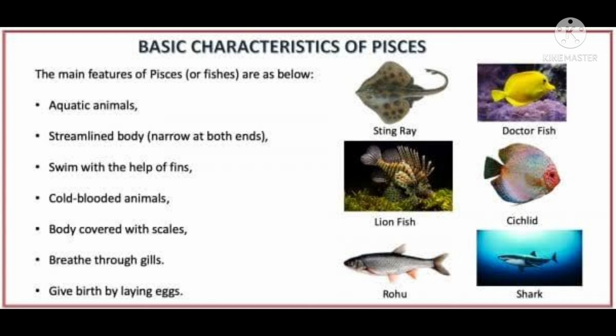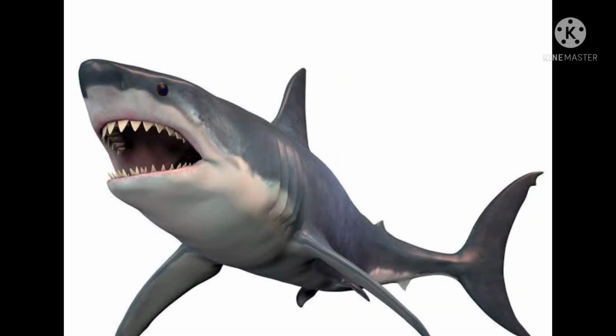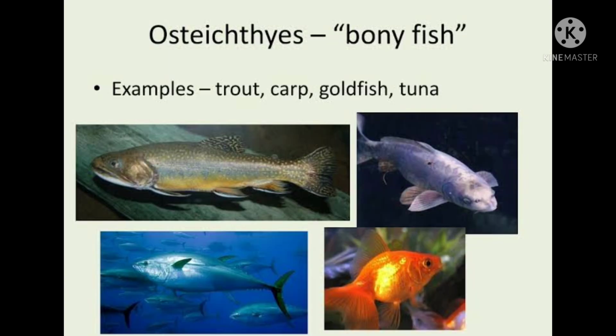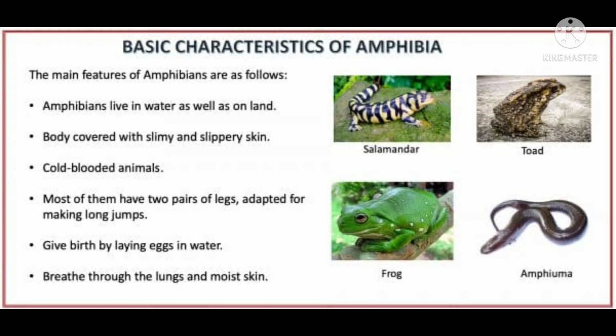They are cold-blooded and their hearts have only 2 chambers. They lay eggs, and some have skeletons of cartilage and some are bony. Cartilaginous fishes include sharks, and bony fishes include tuna, rohu, and mackerel.